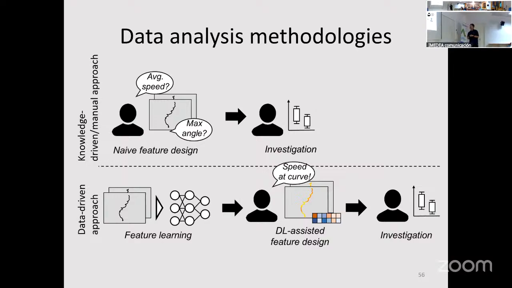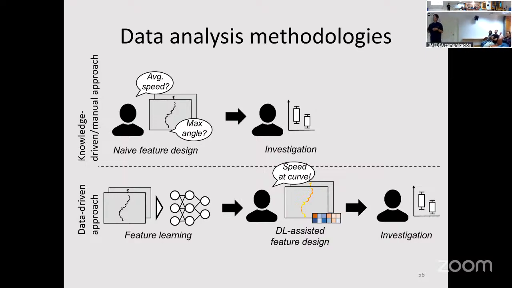The basic analysis method was manual analysis: visually inspecting collected data, proposing a hypothesis, and validating it. But recently this is really difficult.